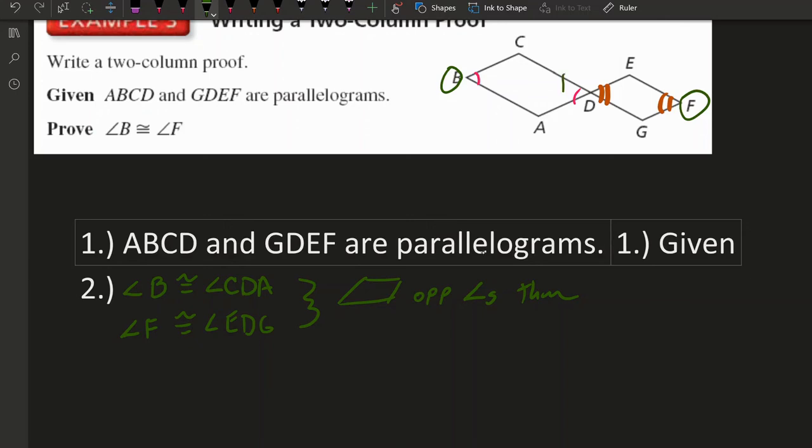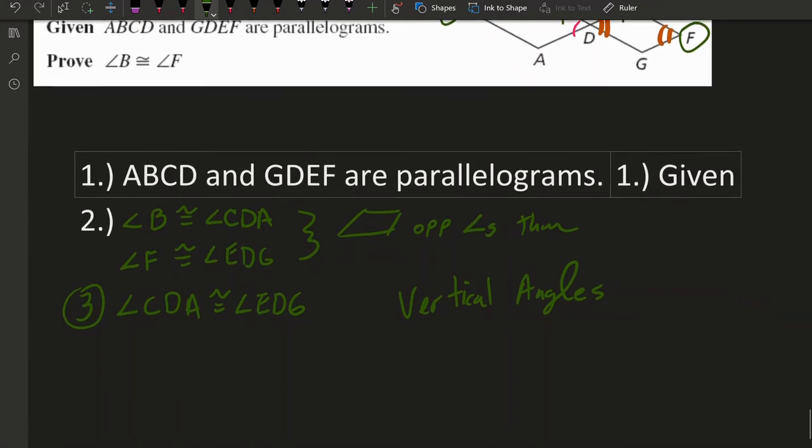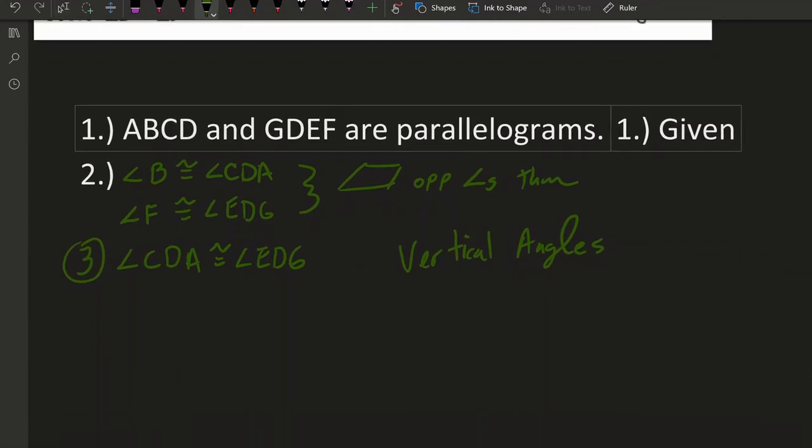Now I want to focus on these two angles right here, because what I notice is I've got some vertical angles set up right there. So I can say for step 3, angle CDA is congruent to angle EDG because of vertical angles. So now, hopefully you're seeing how we can line that all up.